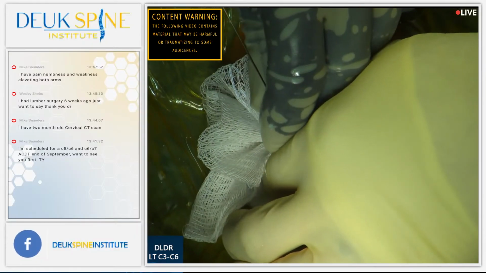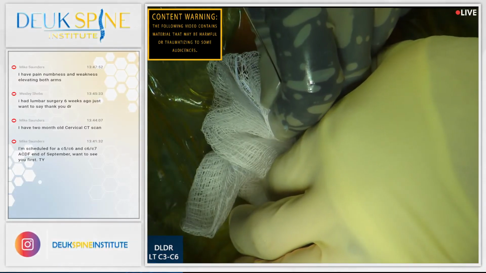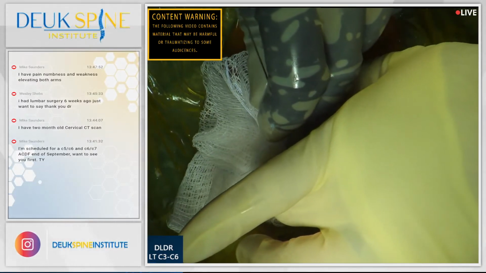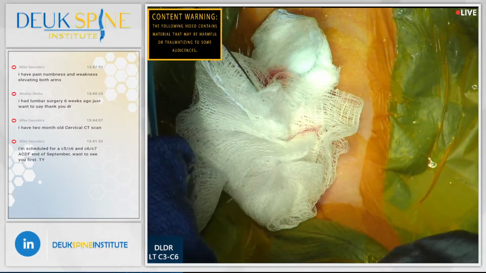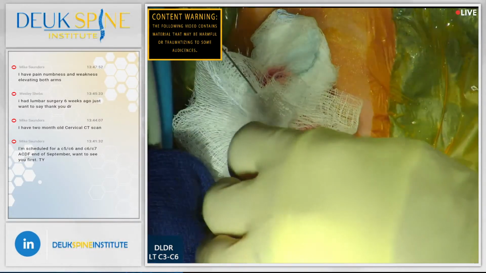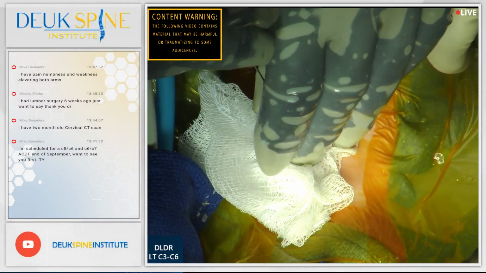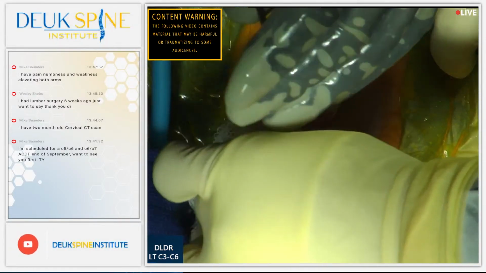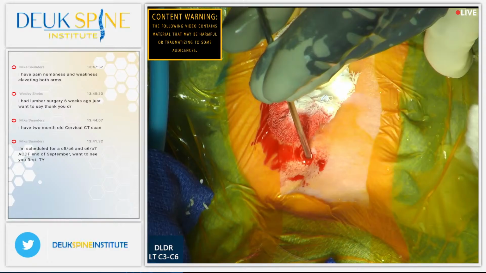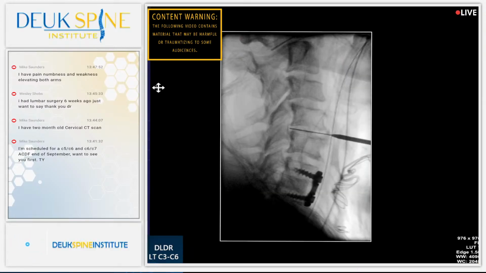Shot. Shot. That's what you got to be careful of, Luis. Shot. Great. Shot. Unfortunately, we got a little vein right there.